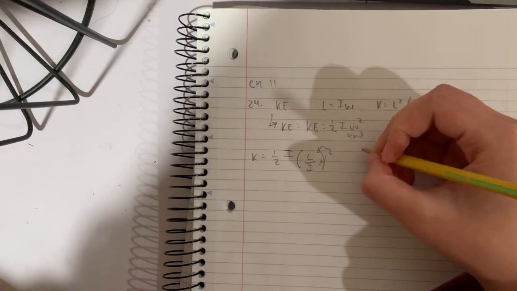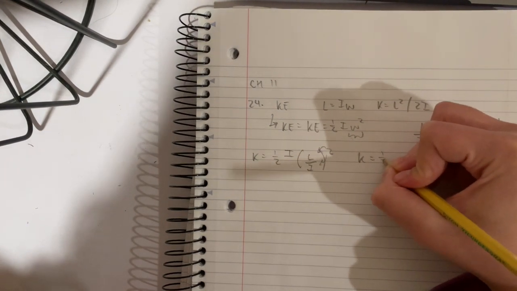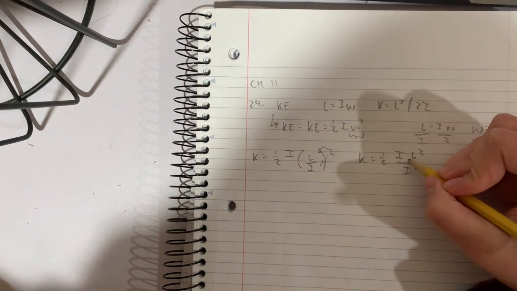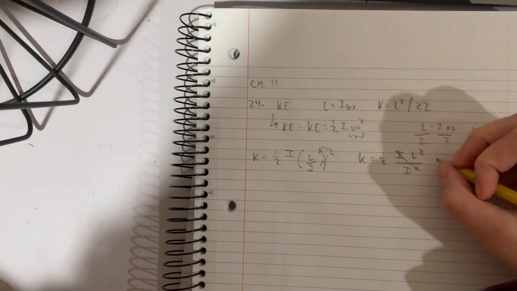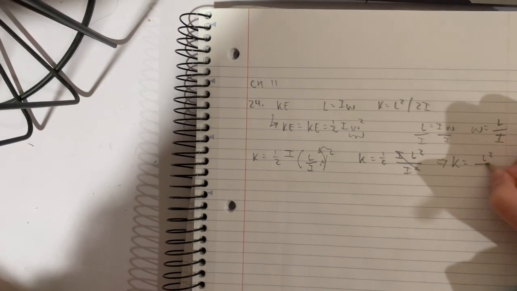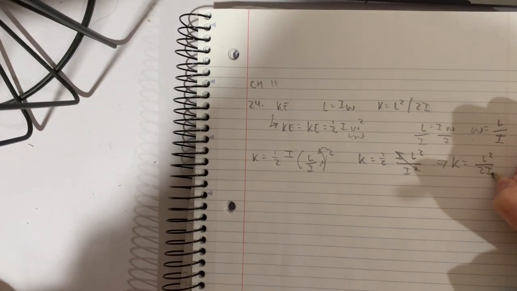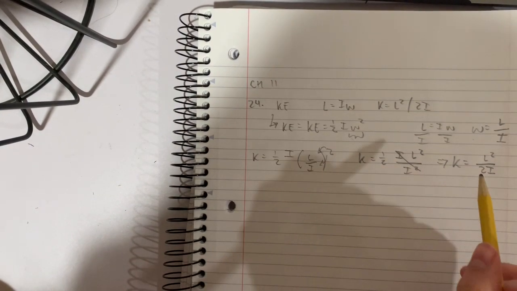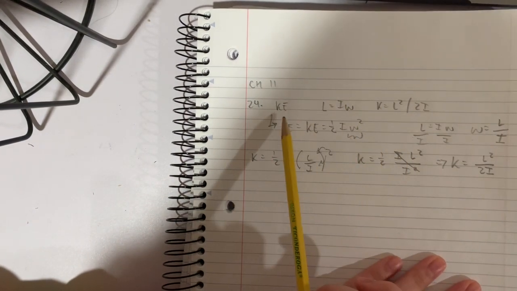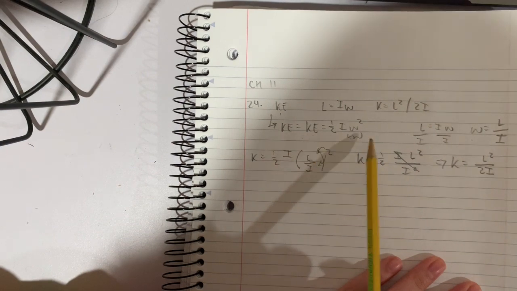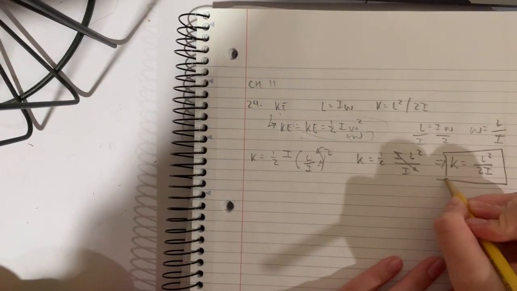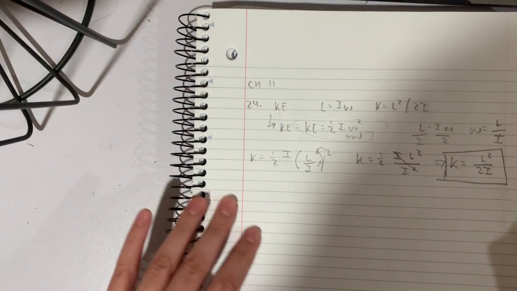So I'd have K equals 1/2 I L squared over I squared, and then you cross cancel that out, so then I have K equals L squared over 2I. And so that is how I can prove that kinetic energy written out like this can also be written out like K equals L squared over 2I. Alright.